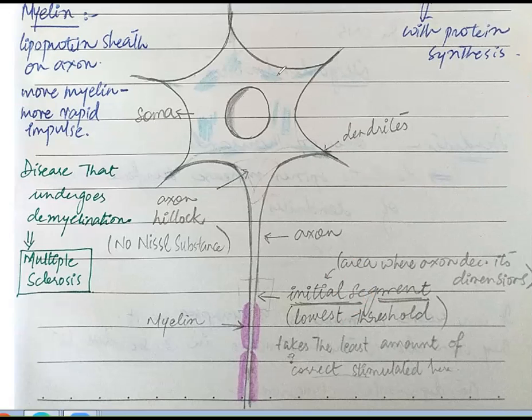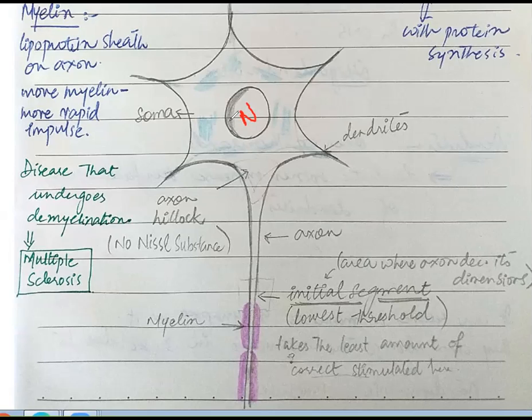In this soma, we have the nucleus, and surrounding this nucleus, definitely, is the cytoplasm of a neuron. Now there are some little terminologies that are very important to remember.